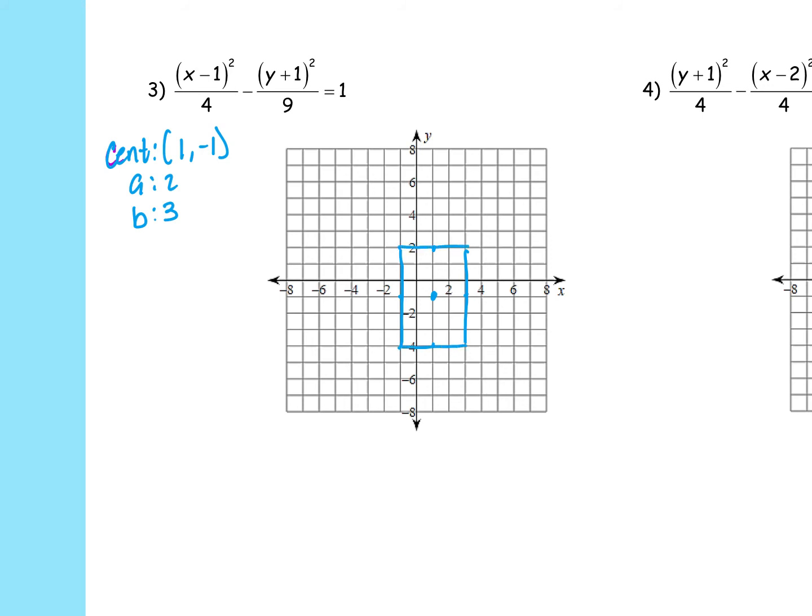So I've got a vertex of my rectangle at (-1, 2) and (-1, 4), and then I've got it at (3, 2) and (3, -4), -4. Sorry, forgot my negative sign.